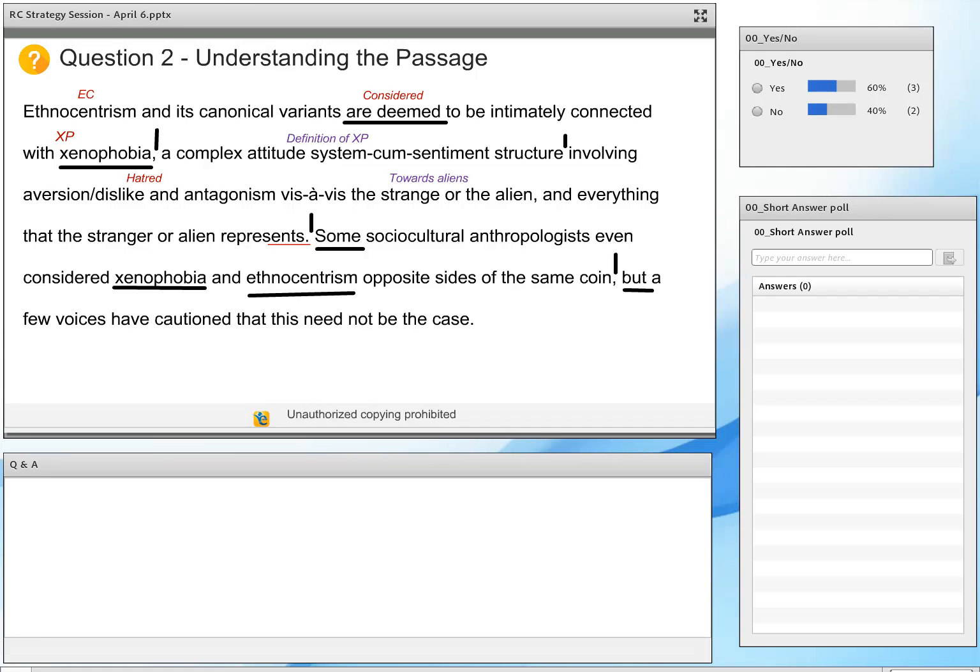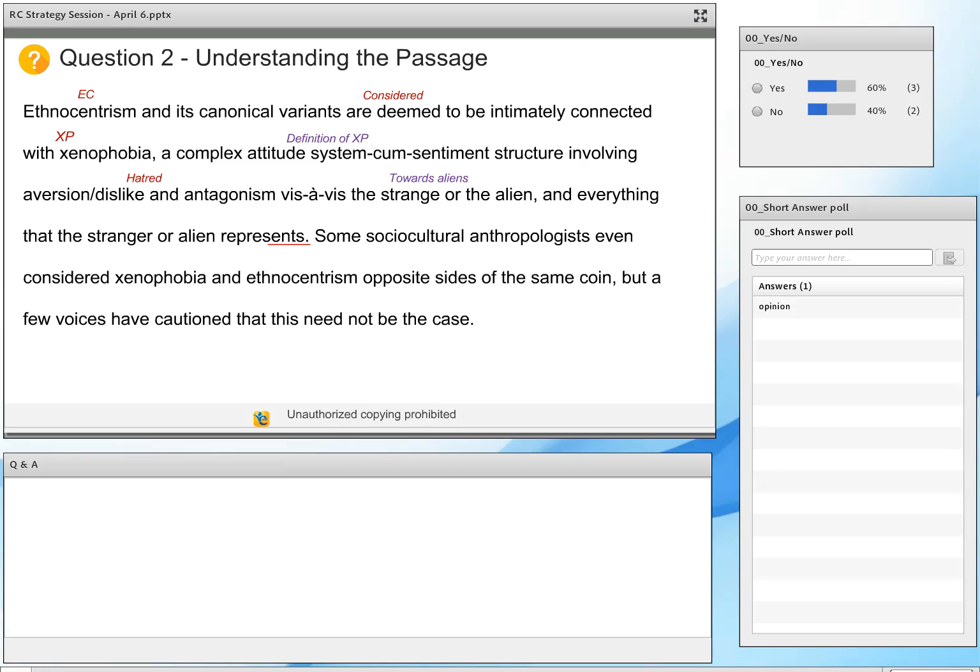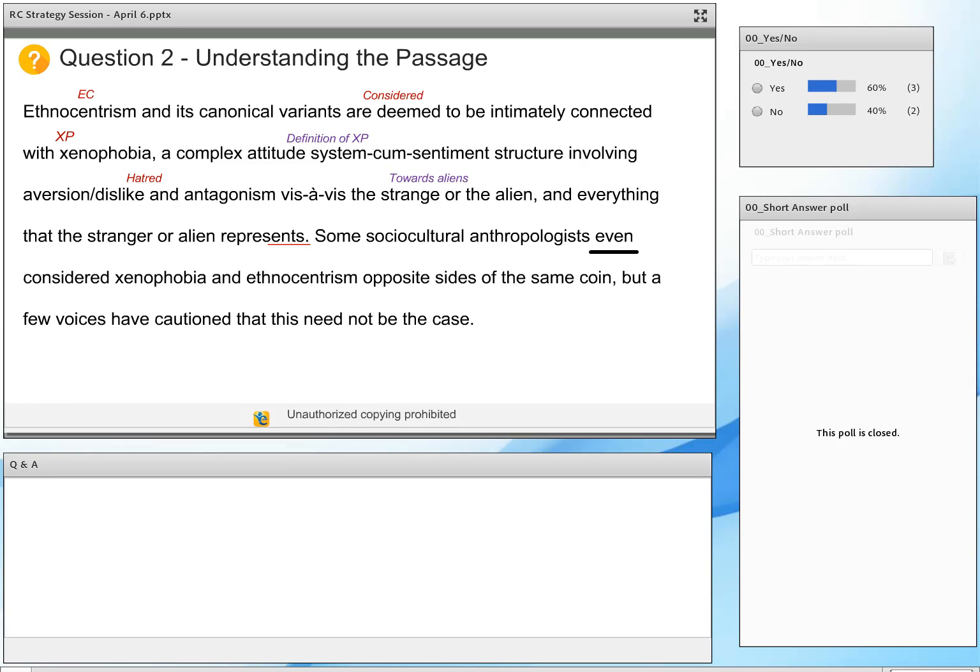Now, tell me and think about this very clearly. This is where you have to link what you have read earlier, and I'm going to tell you something which will help you. My question to you is, why has the author used the word even? Okay, and I'm going to give you a hint. As you read the word even, think about what it says beyond this, that XP and EC are opposite sides of the same coin.